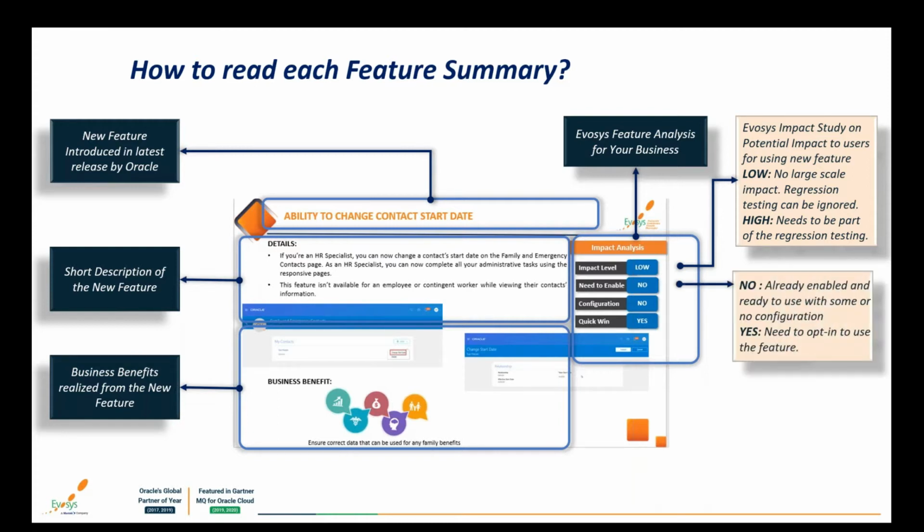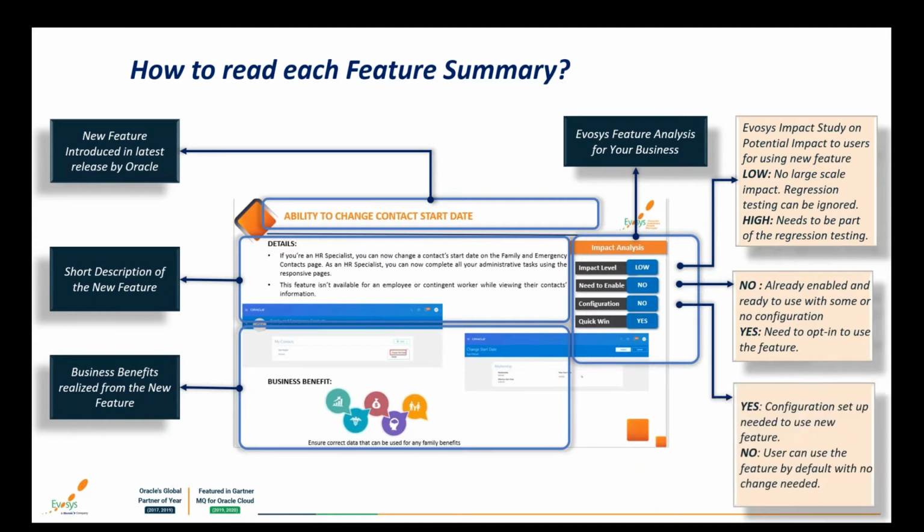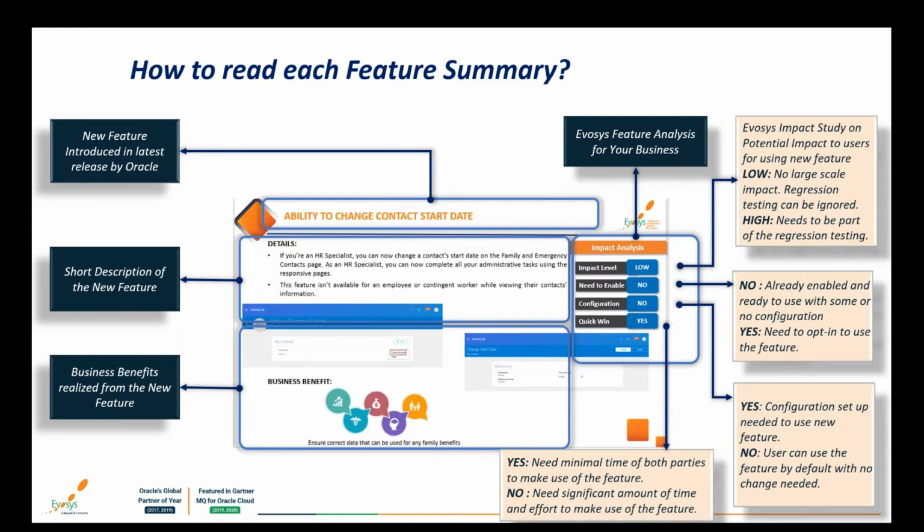Does the feature need to be enabled, or will it just appear post-upgrade? How about configuration? Well, again, we give you a yes/no to highlight if configuration is required, and obviously, clearly, if configuration is required, you need some more planning time to actually get that feature released. We also include a quick win gauge, which considers the level of effort and time required to get that feature set up.